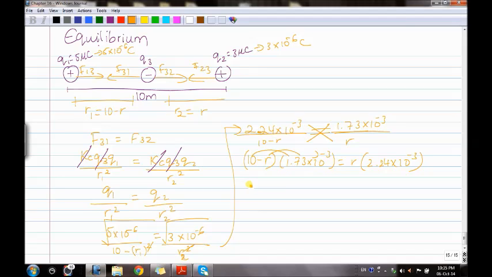It would be 17.3 times 10 to the power of negative 3 minus 1.73 times 10 to the power of negative 3 R equals 2.24 times 10 to the power of negative 3 R.